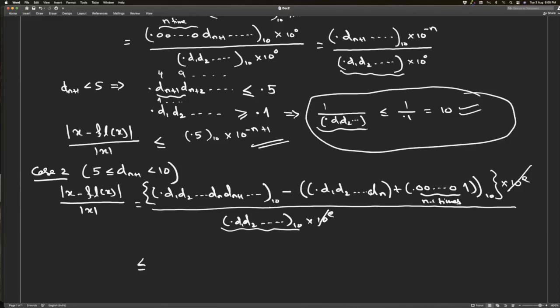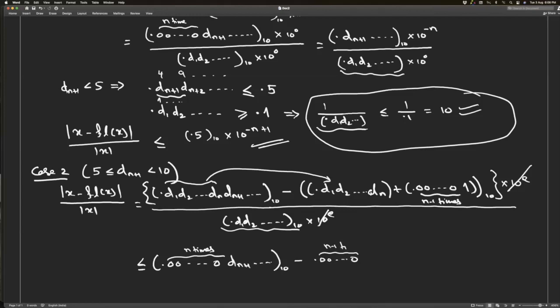Now what comes here is the first n terms get cancelled with this, and therefore we have 0.00 n times, and then you have d(n+1) and so on minus 0.000, this is n minus 1 zeros then 1.